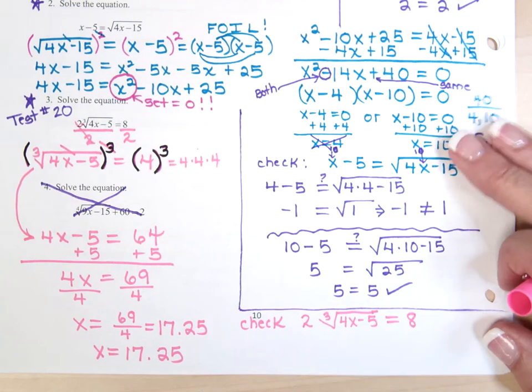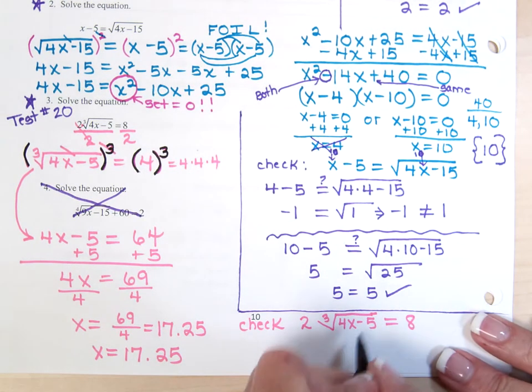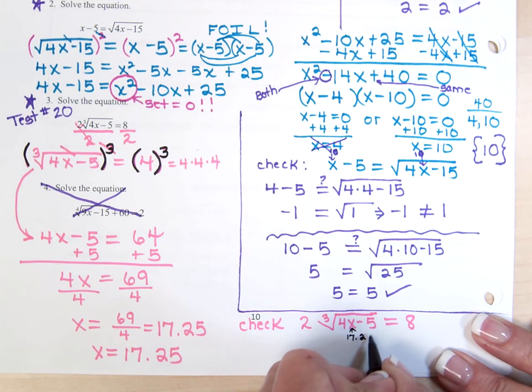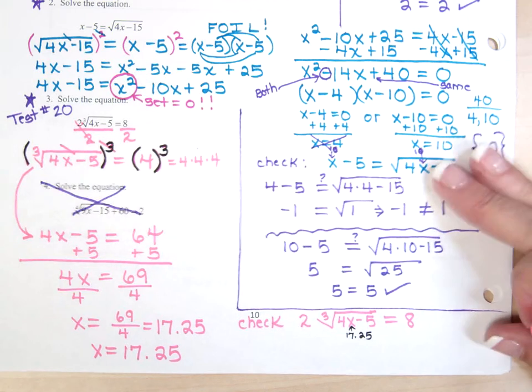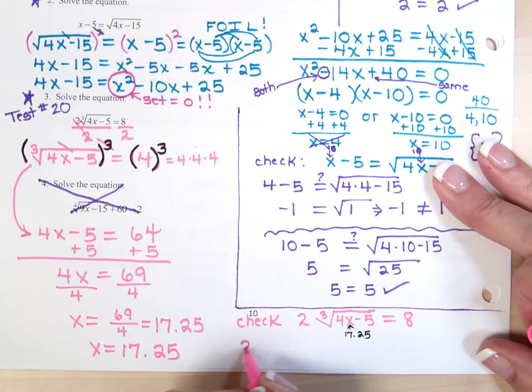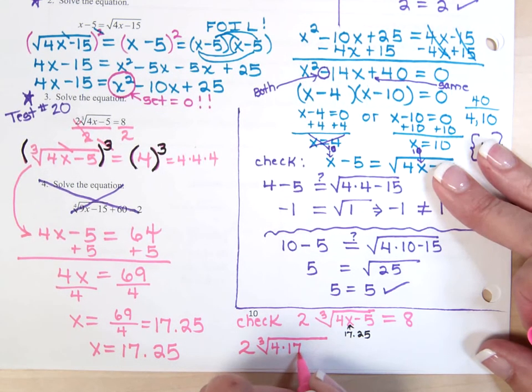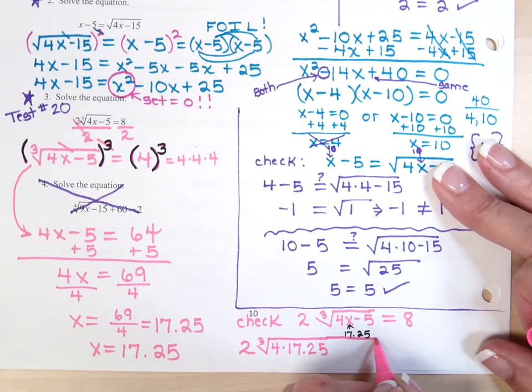And in place of x, we're going to be plugging in 17.25. So, get ready for the calculator. 2 cube root of 4 times 17.25, and then we still have our minus 5. We want to know, does that give us 8?